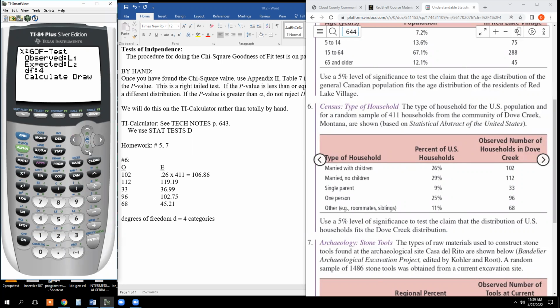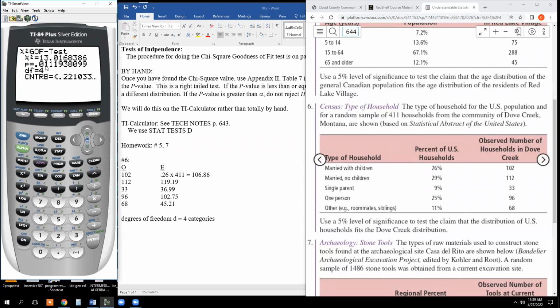The observed is in list 1, the expected is in list 2. If it's in a different list, obviously change the list, right? The degrees of freedom for this problem are 4. We'll calculate. Take a look at the p-value, 0.01. That's less than alpha.